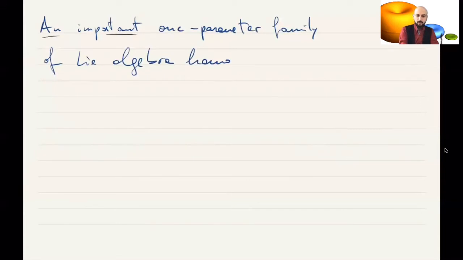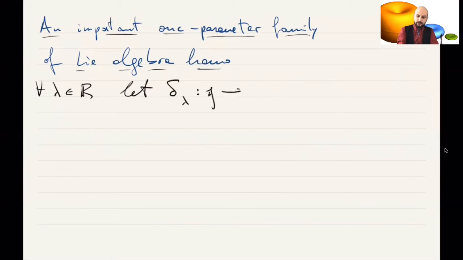So what is this one parameter family? Let's fix λ, a real number. And then we define the map δ_λ from the Lie algebra to itself. Remember that the Lie algebra has this direct sum decomposition.